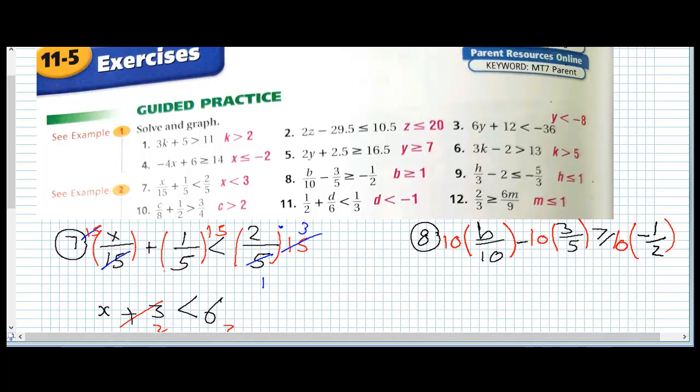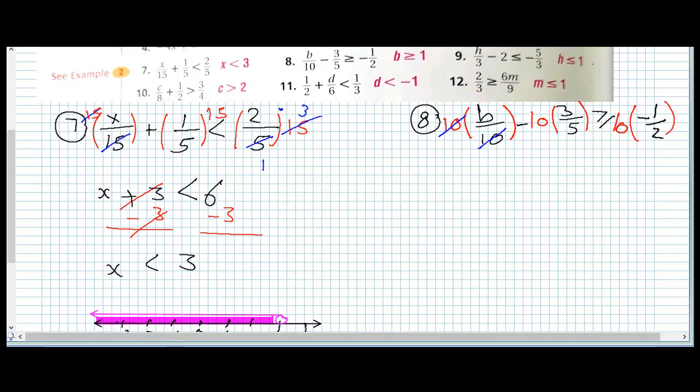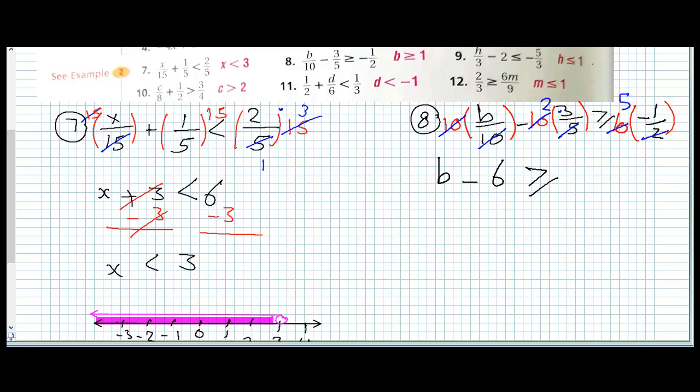Let's find the answer. 10 will go out with 10, remaining is b. Minus 10 divided by 5 is 2, and 2 multiplied by 3 is 6. Bigger than or equal to 10 divided by 2, which is 5, and 5 multiplied by negative 1 is negative 5.